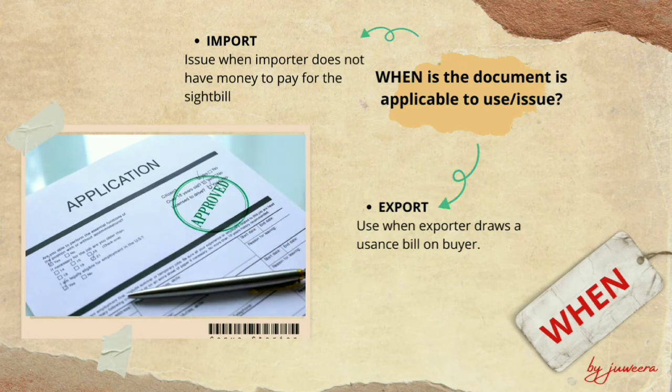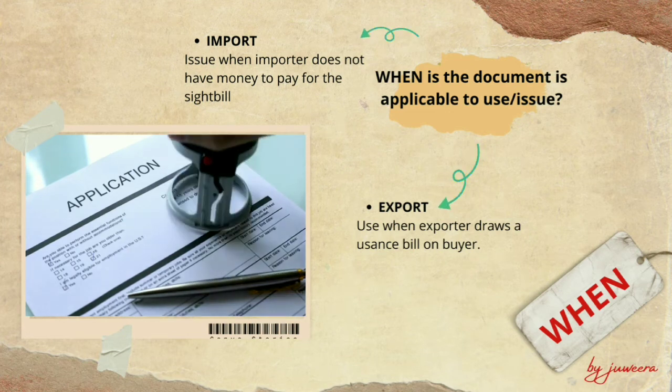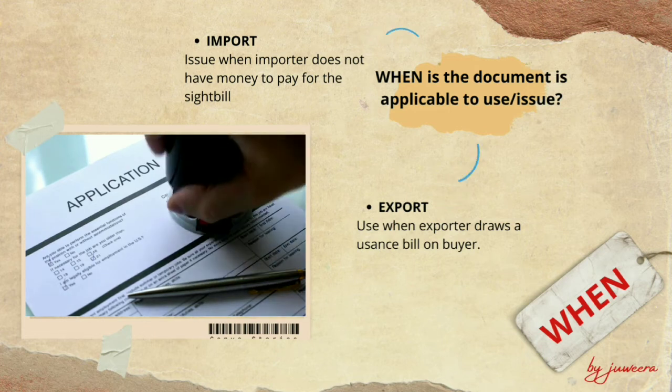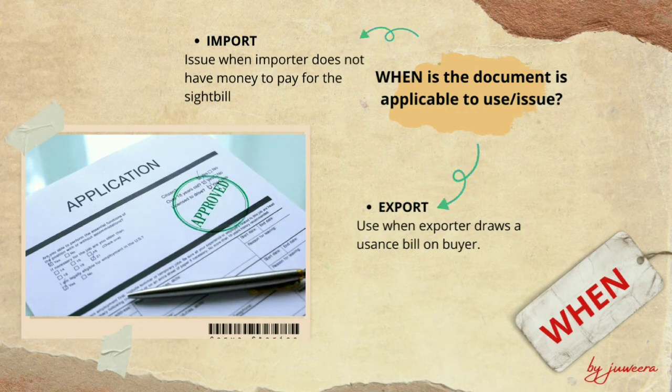Export. Used when the exporter draws a usance bill on the buyer. The exporter presents to the bank the usance bill of exchange together with the relevant documents for collection of the proceeds. The exporter draws a BA on the bank for the agreed portion of the face value of the bill.